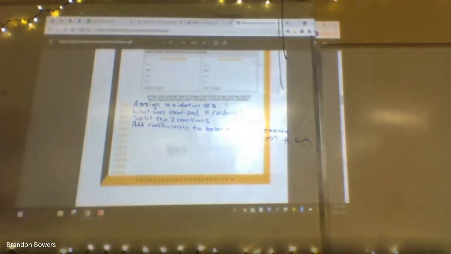That one's kind of a long one. Okay, you balance all the elements except for hydrogen and oxygen by adding coefficients.